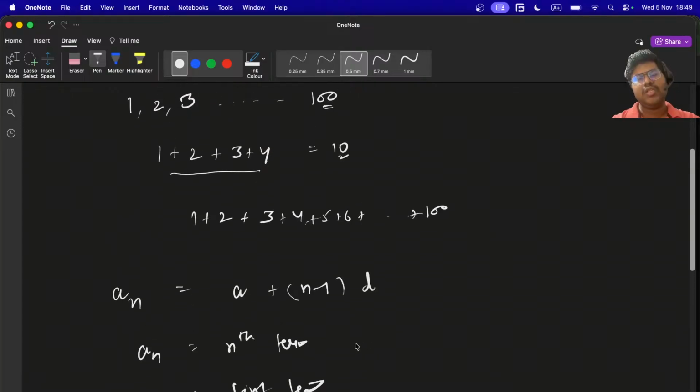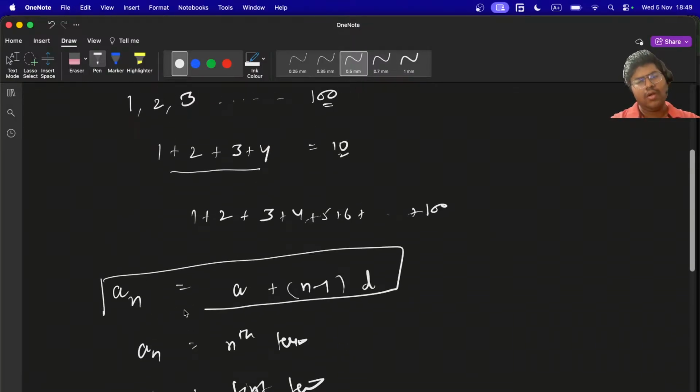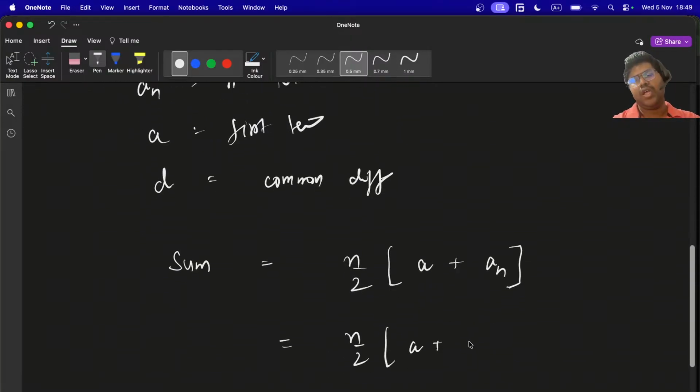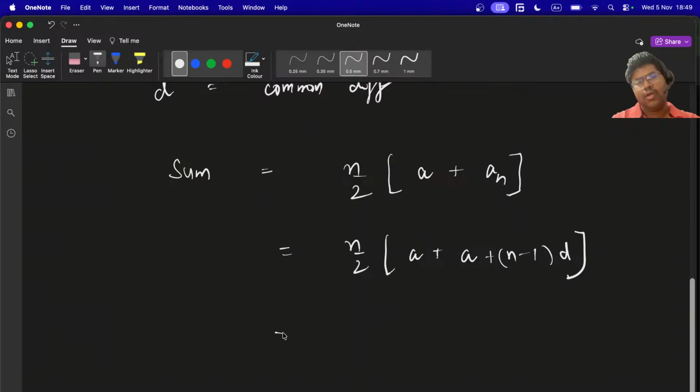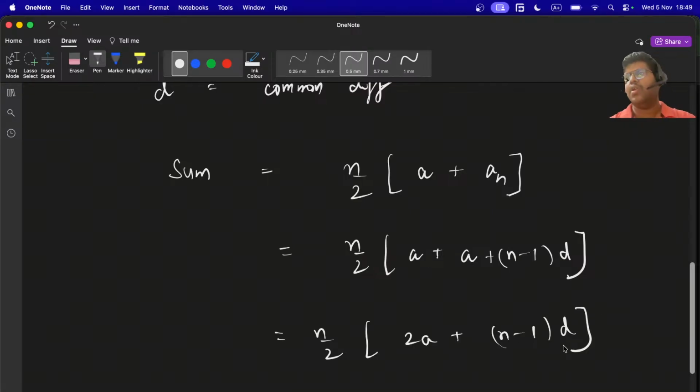An is this, right? So I put the value of an in this equation and I get n by 2 times (2a plus (n minus 1) times d), right? So this is how we can derive the formula for the sum, which is denoted by Sn.